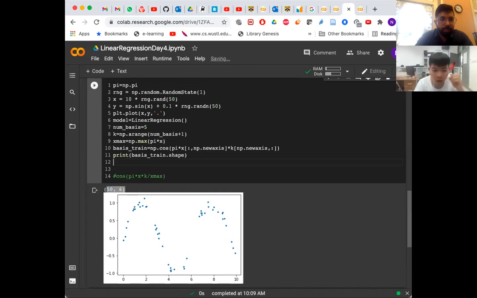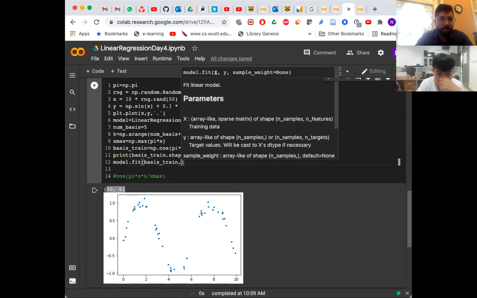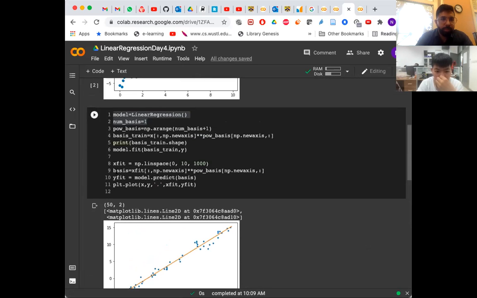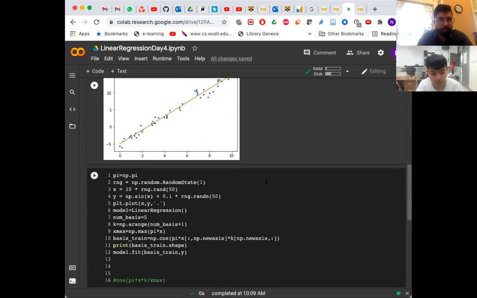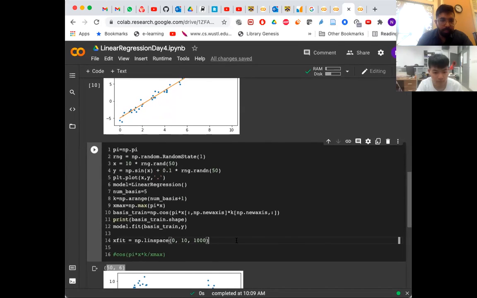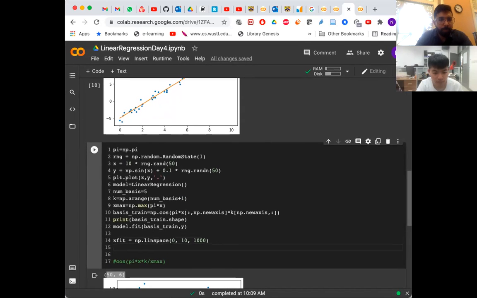So let's do this. Let's say model.fit on the training basis and y. And again, I will generate my x in this range, and y_fit would be model.predict.